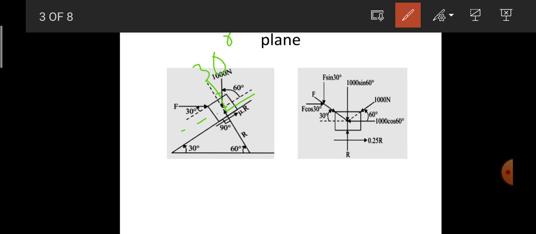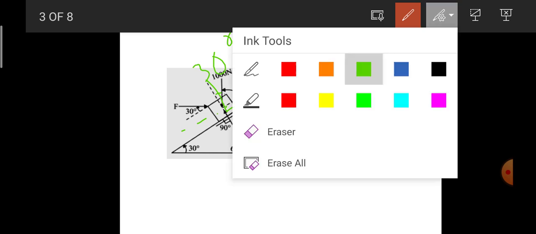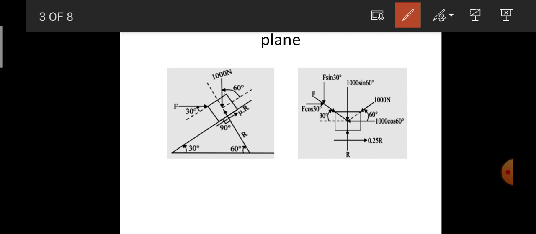Next, coming to the amount of force applied. With reference to the angle of inclination, the same angle will be there for the force F applied with reference to the x-axis, that is equal to 30 degrees.